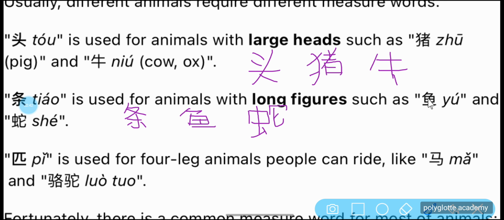Yu, which is fish, and she, which is snake, with long figures. Fish have long bodies, like a shark.